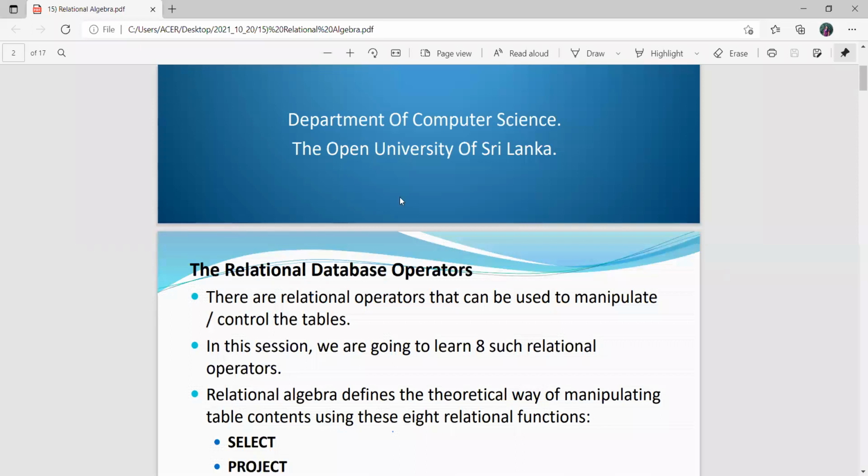When we consider a relational database, we can use operators to manipulate and control the tables. Definitely tables consist of data. So you can use operators to perform any arithmetic.